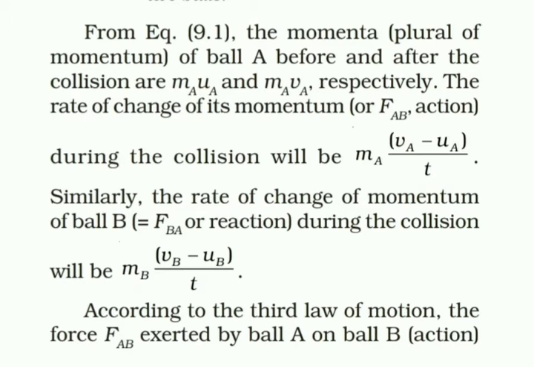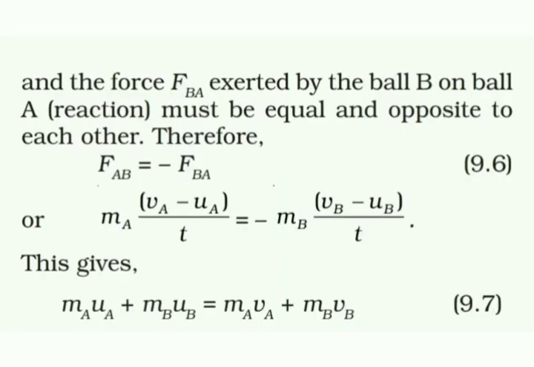According to the third law of motion, the force FAB exerted by ball A on ball B, the action force, and the force FBA exerted by ball B on ball A, the reaction force, must be equal and opposite to each other. Therefore, FAB equals negative FBA.